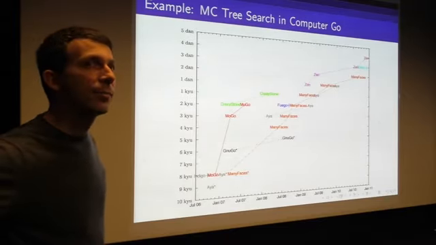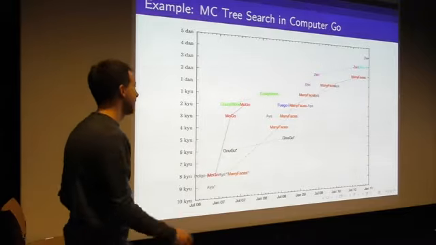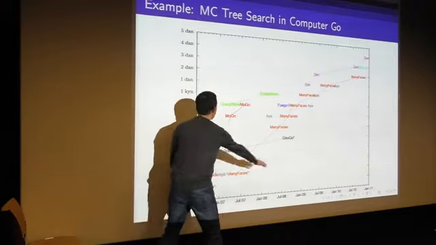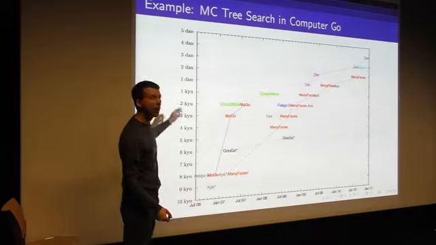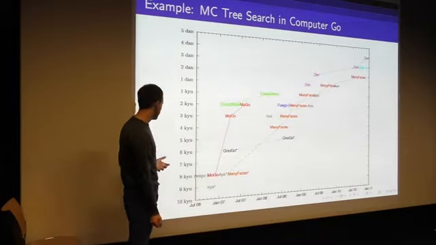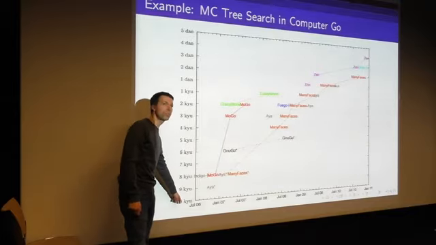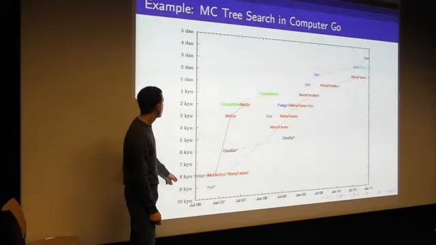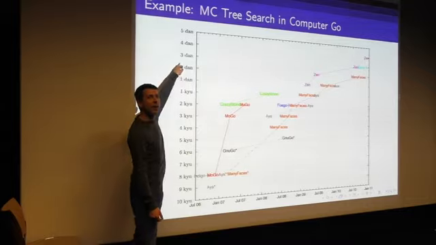Can you explain the y-axis? Oh, sorry, yes. I should explain this diagram. This is time. The y-axis is the strength of the Go program over time. This is the rankings that humans use, starting from Kyu levels, where lower Kyu is better, and then higher Dan is better.